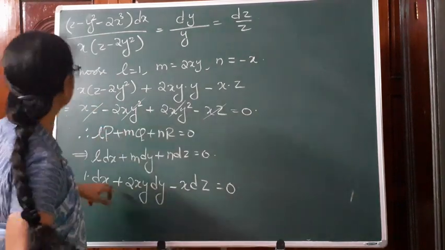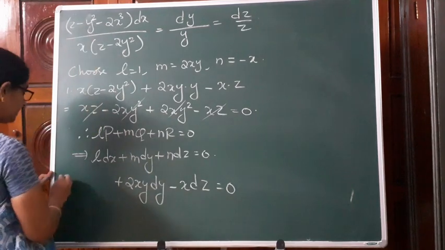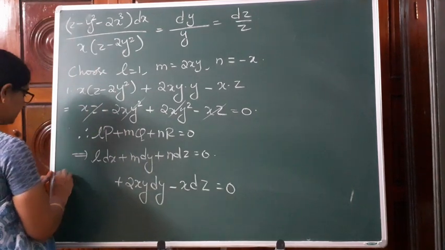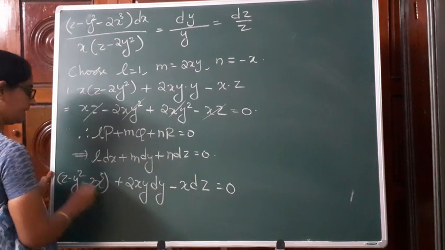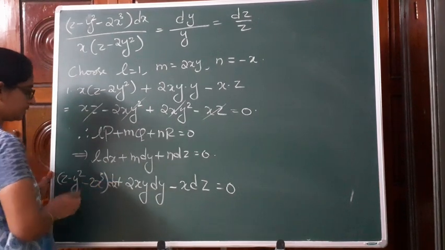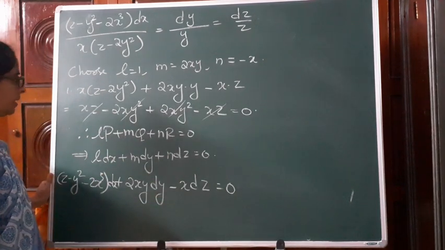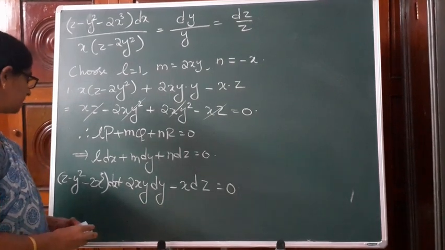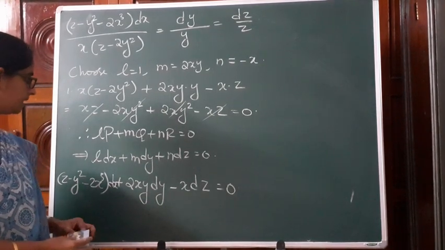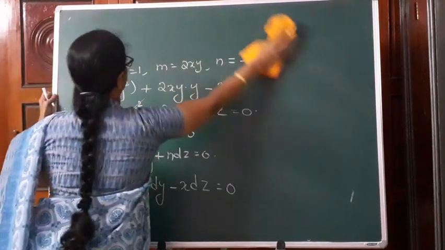But here in place of dx, what do we have? z minus y square minus 2x cube into dx. L is 1, plus 2xy dy minus x dz is equal to 0. Now let us multiply these terms and group the terms and see whether they form the derivative of some function or not.